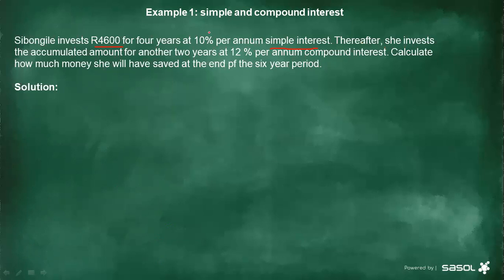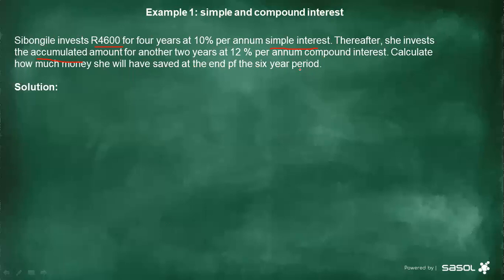Thereafter, she invested the accumulated amount, the money after investing this 4,600 for 4 years. Then we take that amount and continue with it for another 2 years, at 12% per annum compounded interest. Calculate how much money she will have saved at the end of the 6-year period.